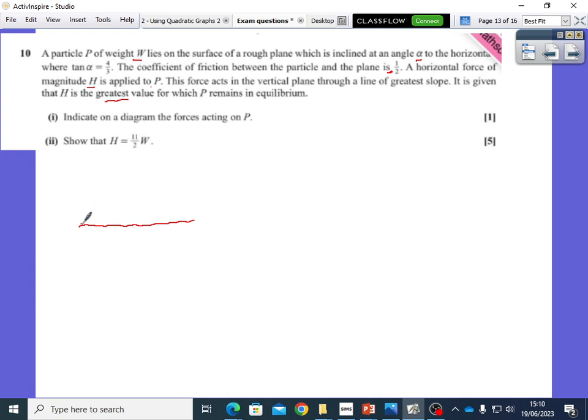there's the horizontal, there's the slope. Let's keep that slope going. This slope is at angle alpha. Now let me just quickly set alpha up. We'll indicate the forces in the diagram in a second. If I draw a quick diagram here and put alpha there, you've got 4 opposite over 3 adjacent, and that's the typical Pythagorean triangle, so the hypotenuse must be 5.